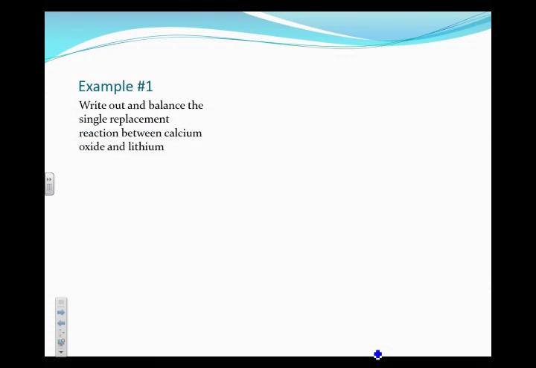Let's take a look at an example together. Write out and balance the single replacement reaction between calcium oxide and lithium. So I have calcium oxide reacting with lithium, and what I want to do here is identify the lithium. Is it a metal or a nonmetal? Well, it's a metal, and then I look back at my calcium oxide and see calcium is my metal, so lithium will come in and bump out the calcium and pair up with the oxygen.